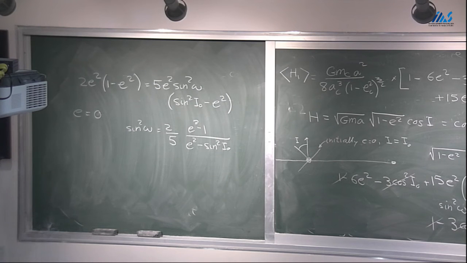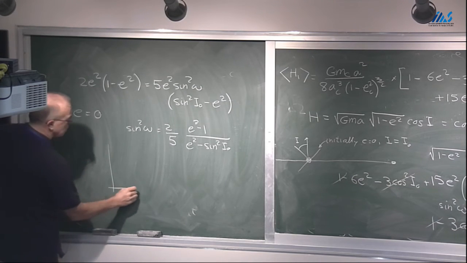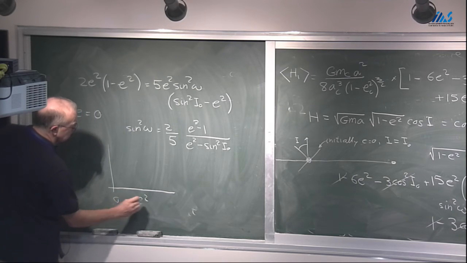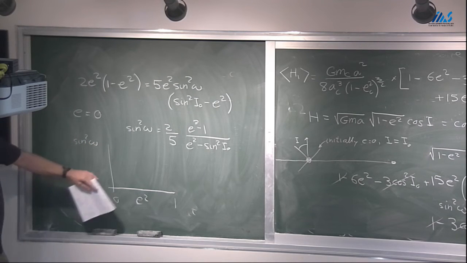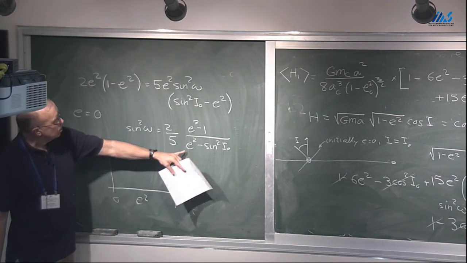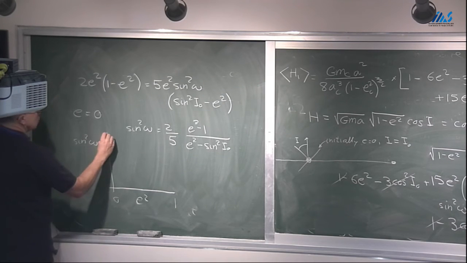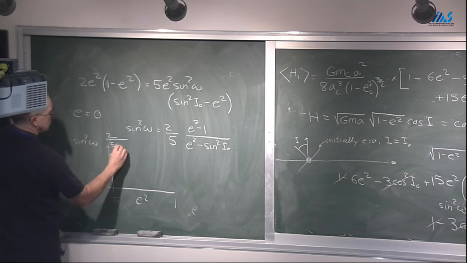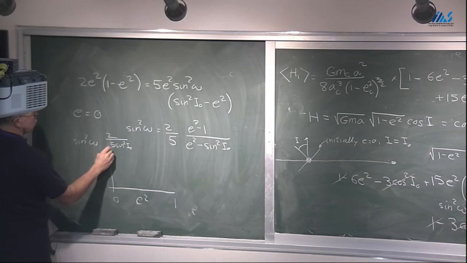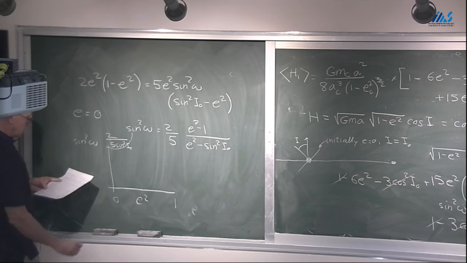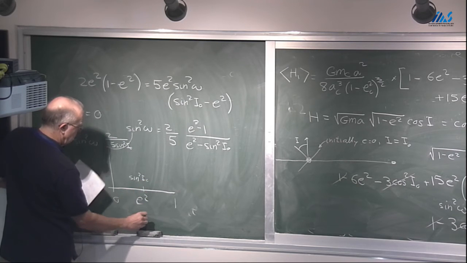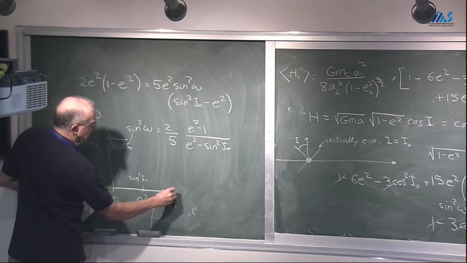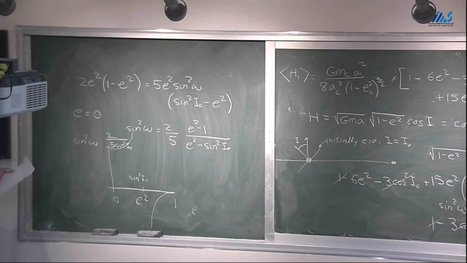It's not completely obvious what that equation is telling you, but if you just plot it, e squared can only go between 0 and 1, sine squared omega can only go between 0 and 1. But when e is 0, this is 2 over 5 sine squared I0. The curve goes up like this, goes through a singularity at sine squared I0, and then goes back down and ends up at 0 when e squared is 1.